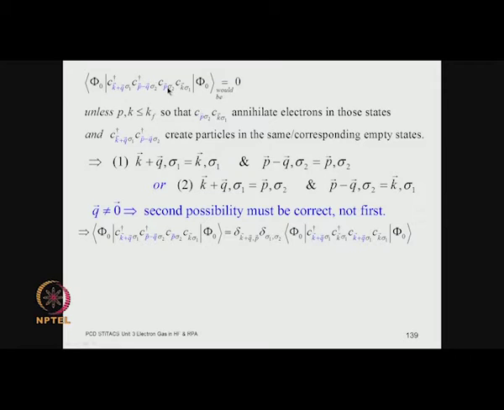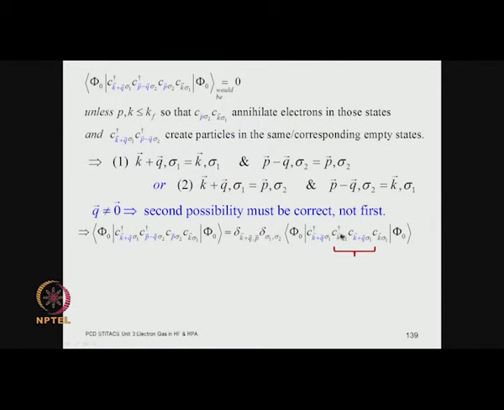So, Cp, sigma 2 is replaced by C k plus Q, because if p minus Q is equal to k, then p becomes equal to k plus Q. That is the k plus Q that comes here, and the corresponding spin variable is sigma 1. So, you have sigma 1 everywhere, and then you have the delta sigma 1 sigma 2, and k plus Q must be equal to p. So, k plus Q must be equal to p and sigma 1 must be equal to sigma 2. That is the only condition when you will get non-zero contributions.